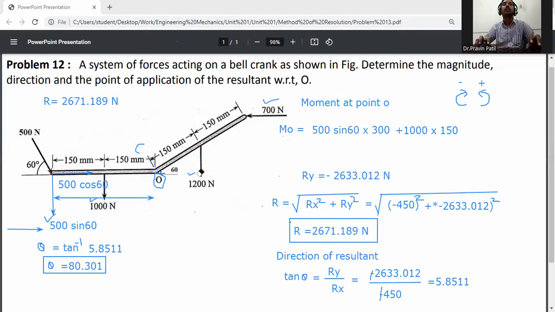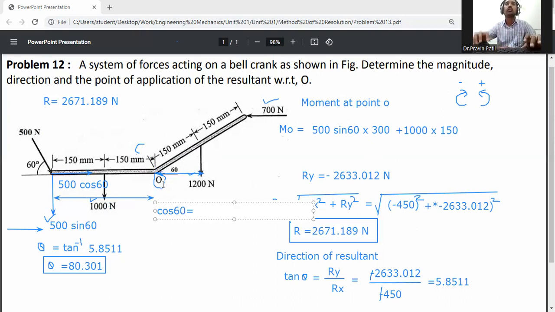Then the next one is 1200 Newton. For this we need the perpendicular distance, because the 150 mm is along the inclined load. So we just need to calculate it. Adjacent side divided by hypotenuse is cos 60.